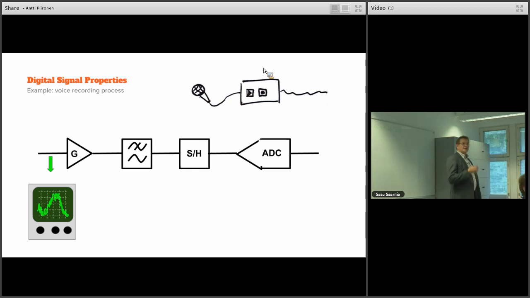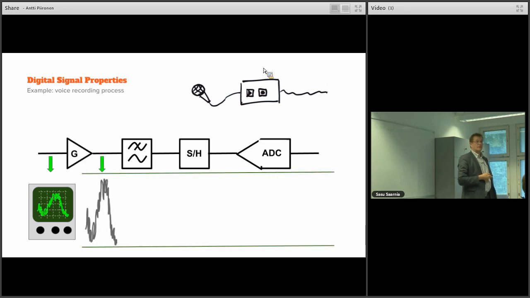Okay, so we have an analog signal. If you have an oscilloscope and take a look at it, it's very small, and usually there's a lot of noise on it. On that place, it's just bigger. The signal is amplified so that it will be bigger, but the reason to amplify it is that the analog to digital converter has some range that it works in, say 0 to 2.5 volts or something like that.